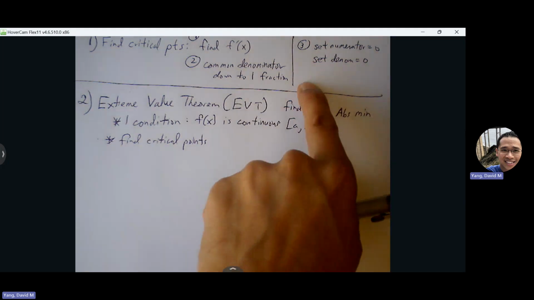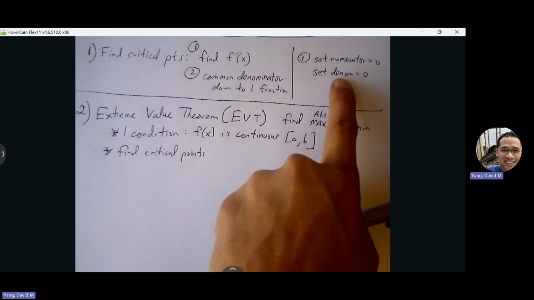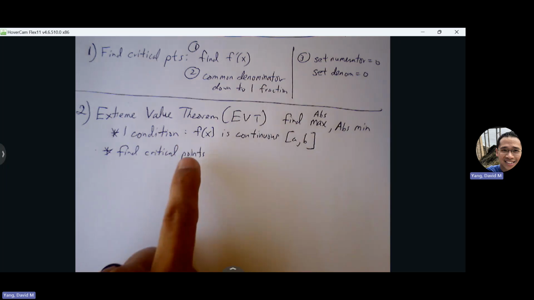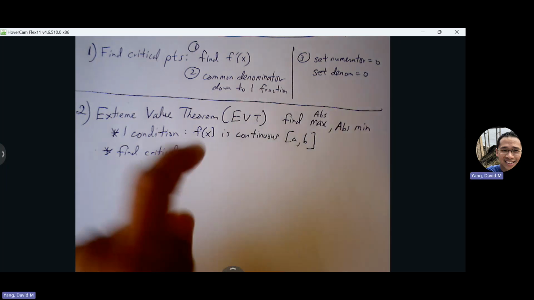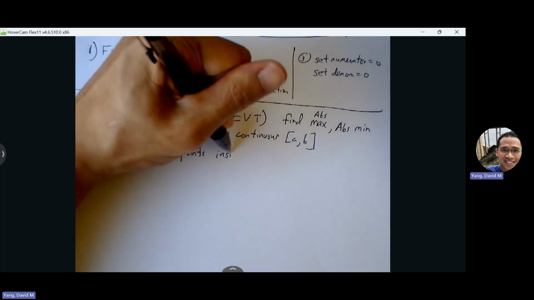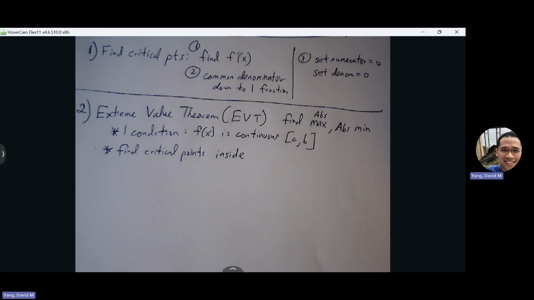So critical points, same steps as above. You're just finding f prime. If there's a denominator, then you're going to set numerator and denominator equal to 0. But our critical points need to be living where? Inside the interval. If you don't have any critical points inside the interval, then there's no critical points to test. If some critical points are inside and some are outside, you only care about the ones that are inside.